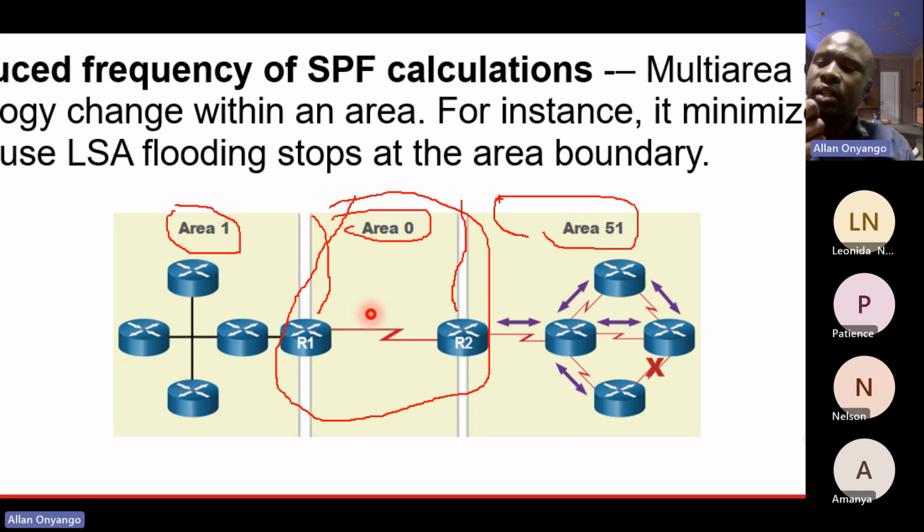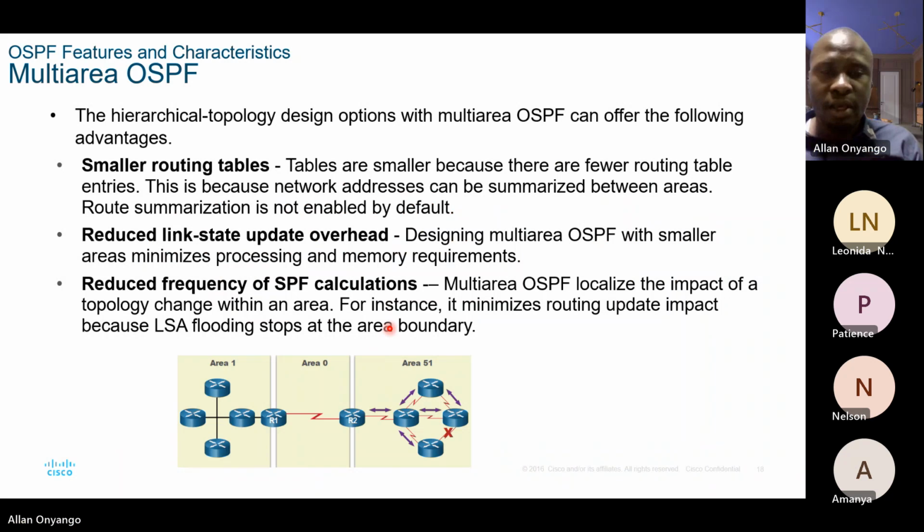Area 1 and area 51. Even if we had area 52, area 2, area 3, 4, 5, all of them must be attached to area 0, which is the backbone area. Okay. So like I said, in single area, it's not that area 0 must be there, but we highly recommend it. But in multi-area, all the areas must connect to area 0.